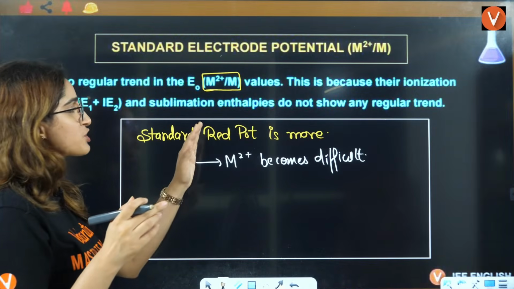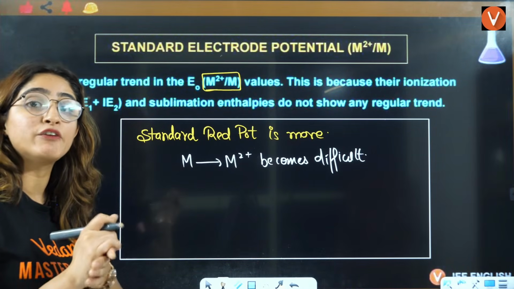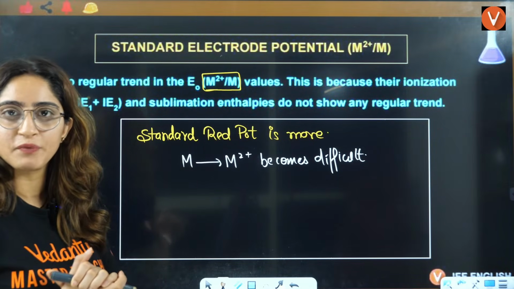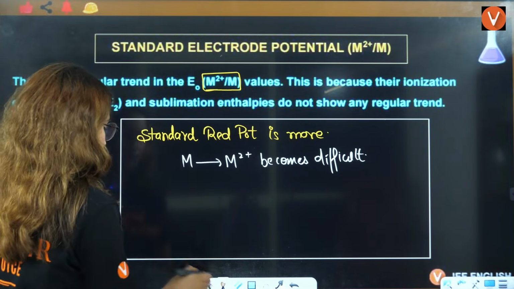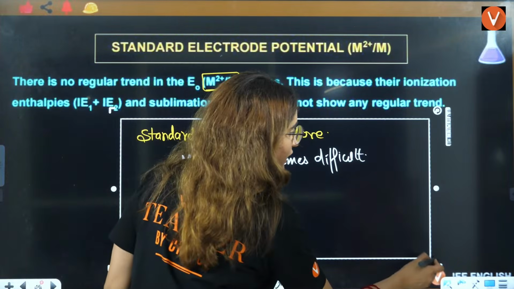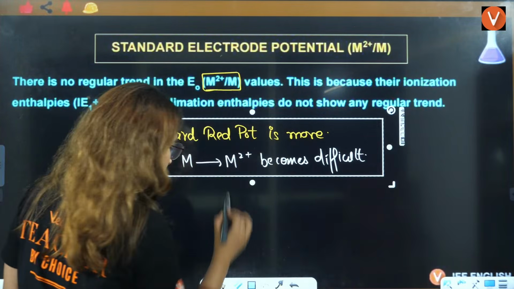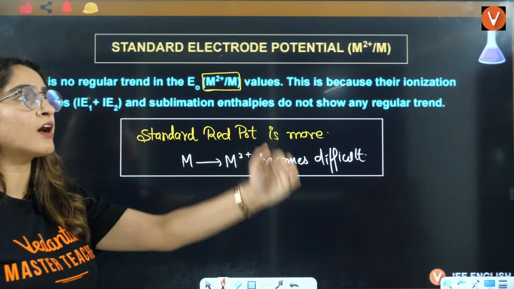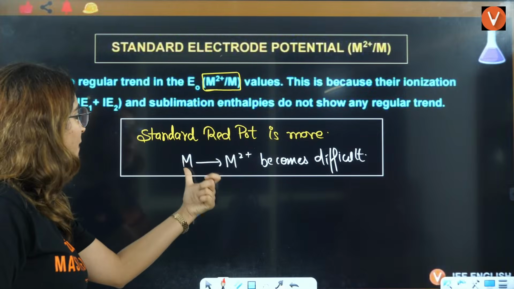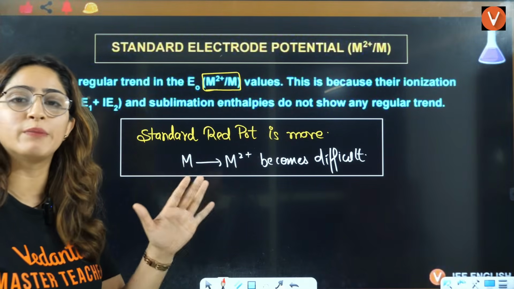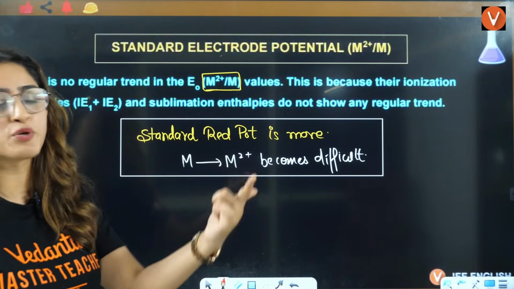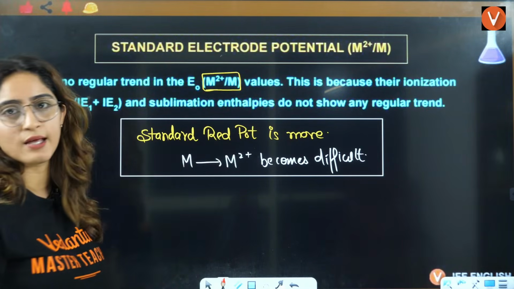If standard reduction potential is less, then it will be easy to convert M to M2 positive. This is the funda which will make every single thing very, very easy for you. Just remember this. If standard reduction potential is high, then M to M2 positive conversion will become difficult. So we need to have less standard reduction potential if we want to convert this.